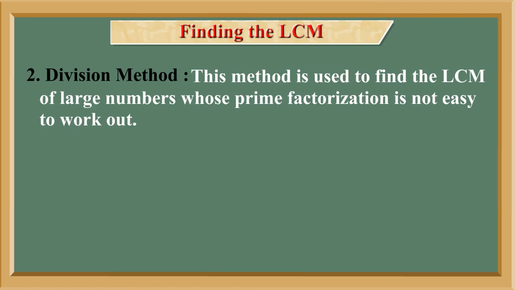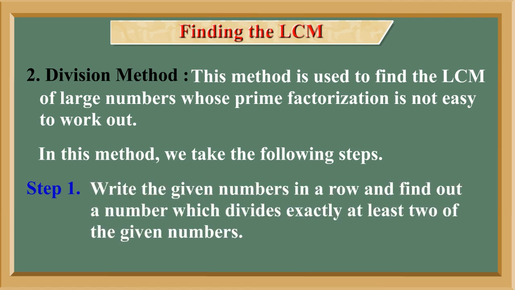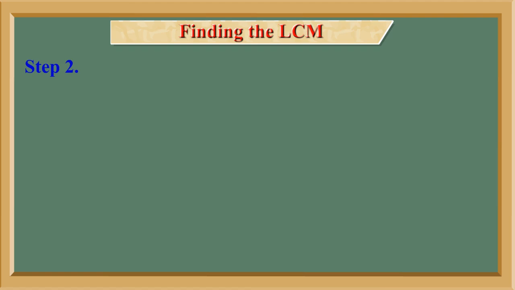2. Division method. This method is used to find the LCM of large numbers whose prime factorization is not easy to work out. In this method, we take the following steps. Step 1. Write the given numbers in a row and find out a number which divides exactly at least two of the given numbers. Step 2.